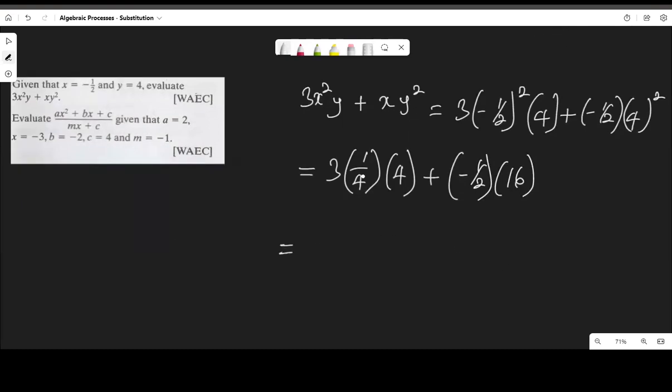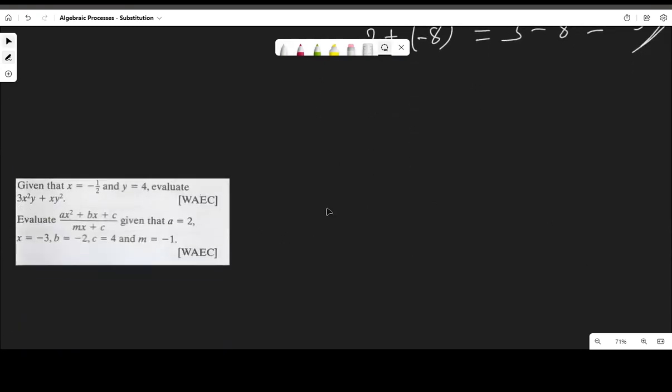Which is, this 4 will cancel out. I have 3 plus, this 2 here 1, 2 here 8. Negative 8 minus 1 times 8 is 8, which is 3 plus times minus is minus. 3 minus 8 is negative 5.